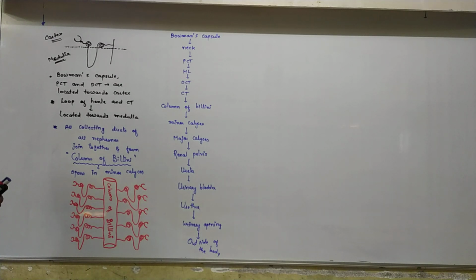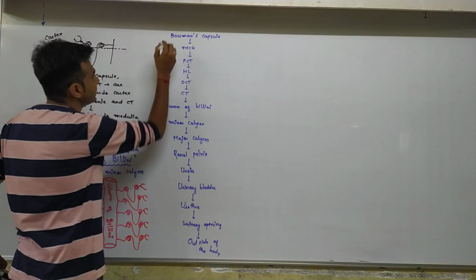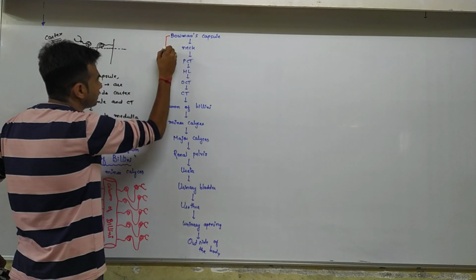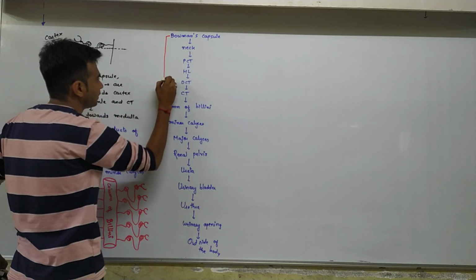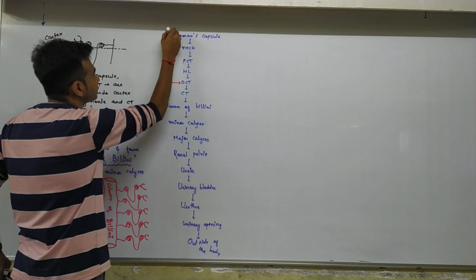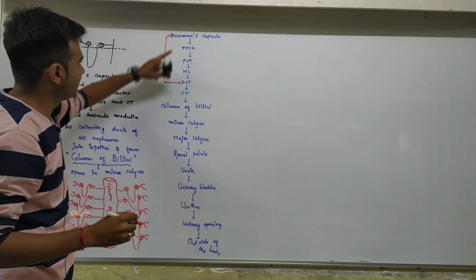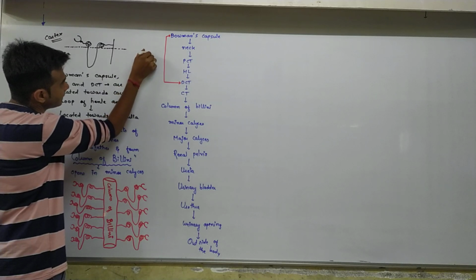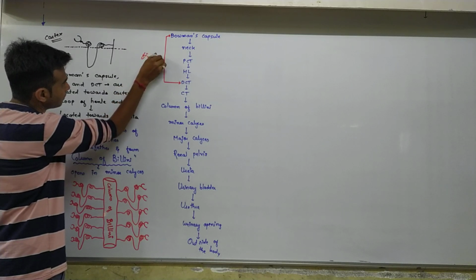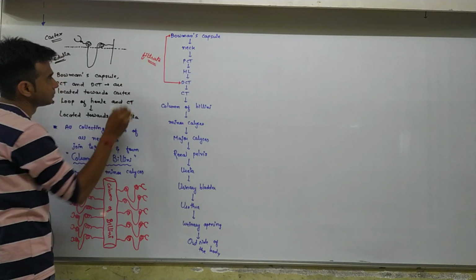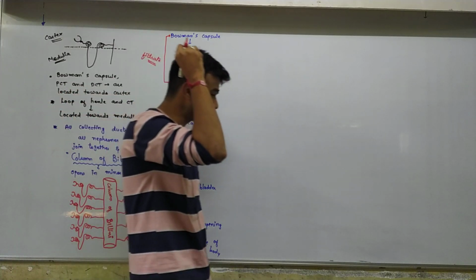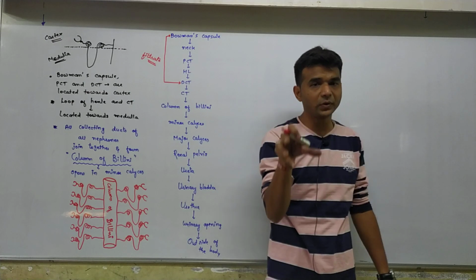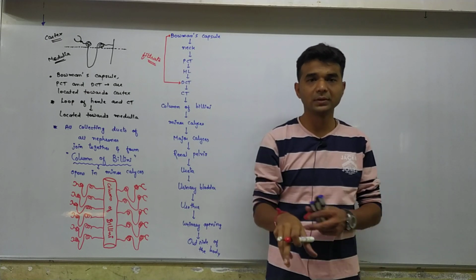See, initially in this region, from Bowman's capsule to DCT, we use the word filtrate there. So blood is filtered and filtrate is formed inside the Bowman's capsule.